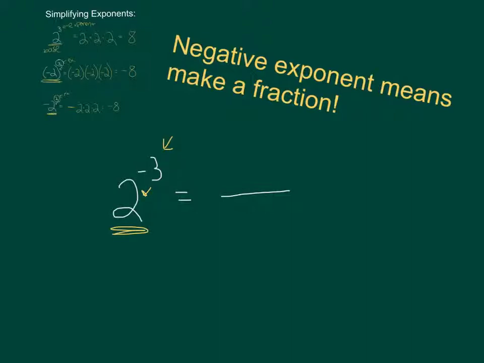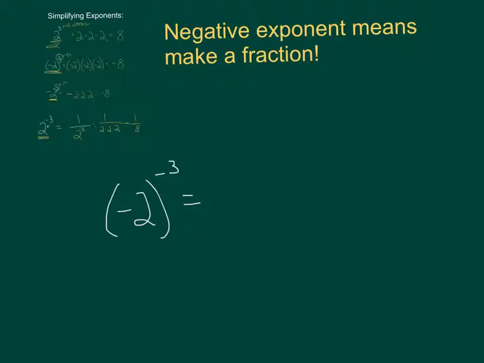I bring my base down to the denominator, and I can change the exponent to be a positive number. And since nothing's here in the numerator, I make it a 1. So 2 to the negative 3 equals 1 over 2 to the third. And if I expanded it, I get 2 times 2 times 2 in the denominator, and I get 1/8.